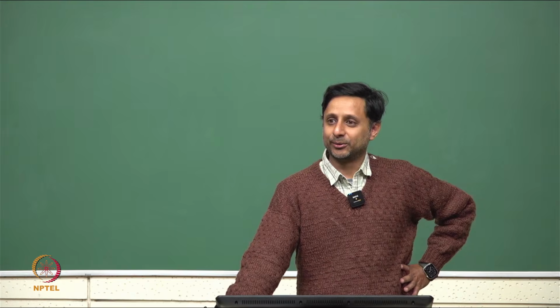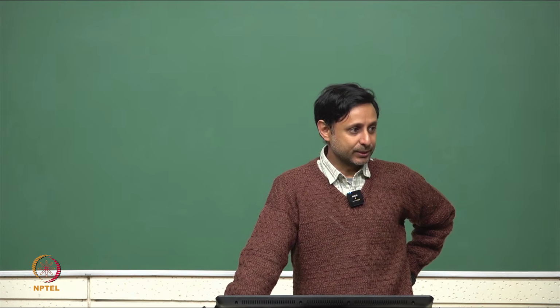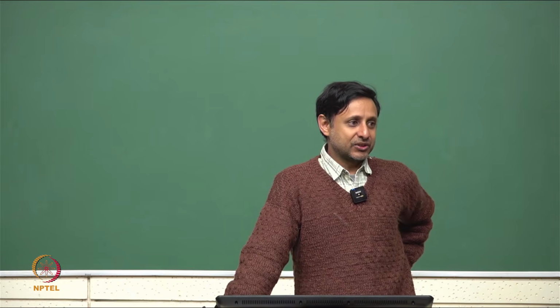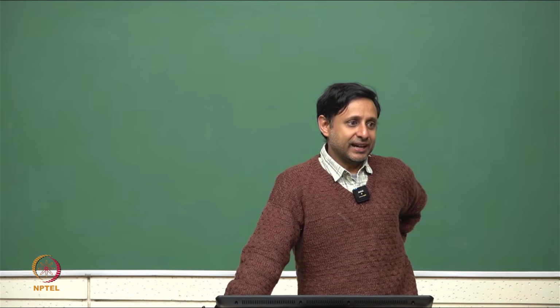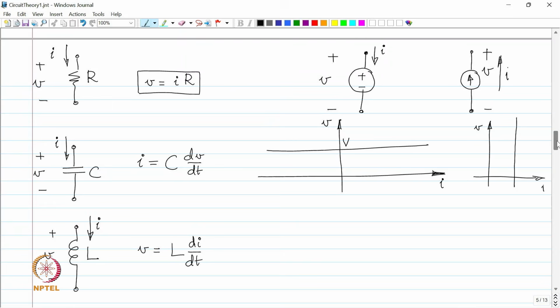So, we do not like doing the integral method. Okay. So, we are only going to stick to derivatives. I is C dV by dt and V is L di by dt, not V is equal to integral of I by C dt. Okay. So, that is not what we are going to do.